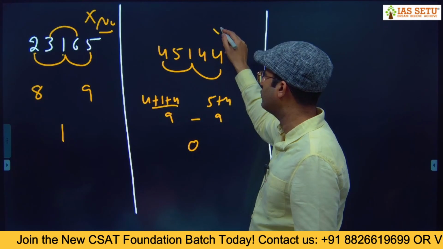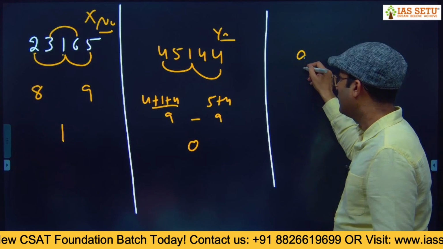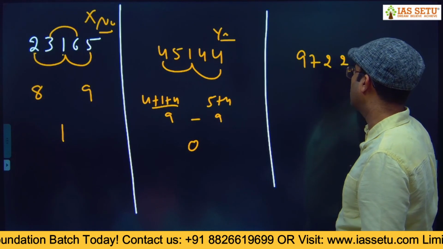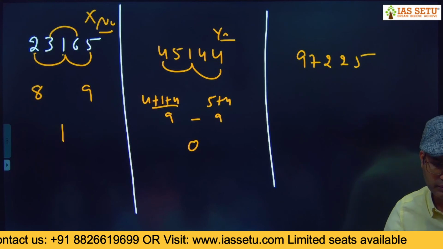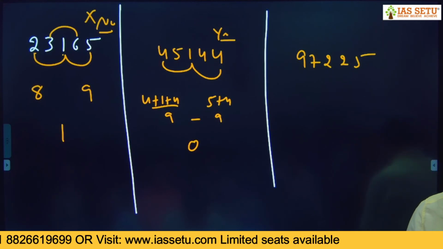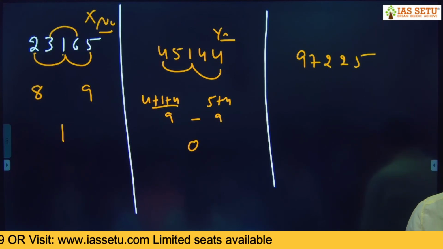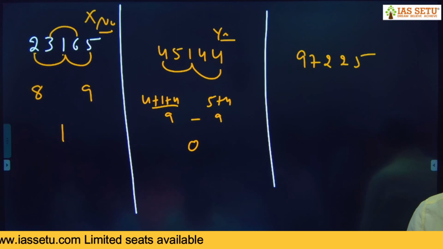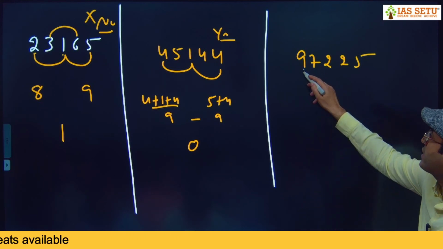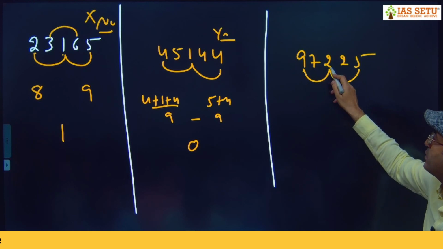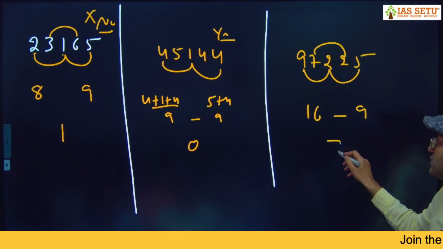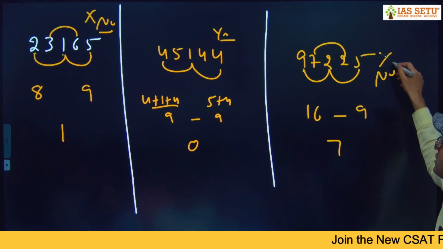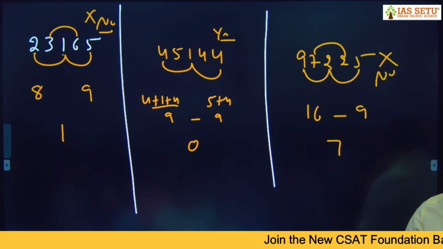Difference is 0. Next, 97,225. Check if this number is divisible by 11, yes or no. Okay, so here 9 plus 2 plus 5, 9 plus 2, 11 plus 5, 16. 7 plus 2, 9. Difference is coming 7. No, this number is not divisible by 11.